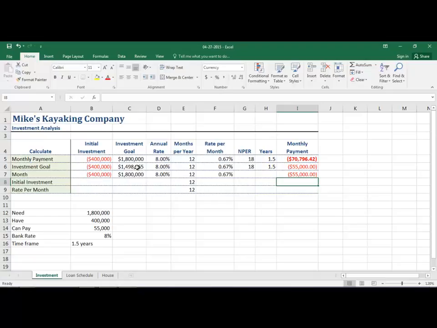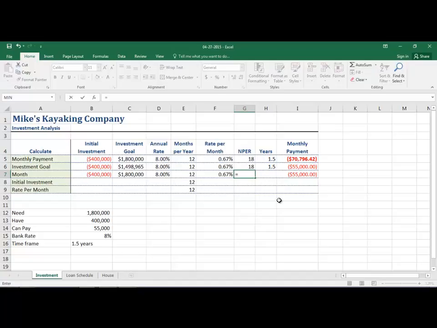So now we need to figure out how long it's going to take us to raise our 1.8 million. We're still putting the 400,000 away. The bank is all the same here. We can only put away 55. The big difference is we need to figure out how many months it's going to take, putting this money away, to actually reach our goal of 1.8.